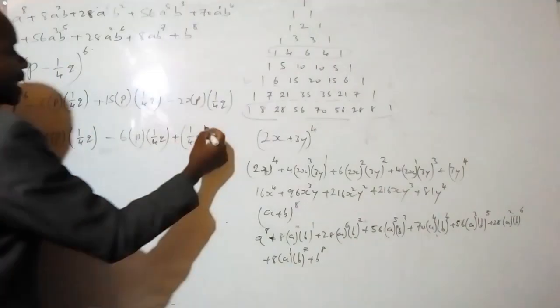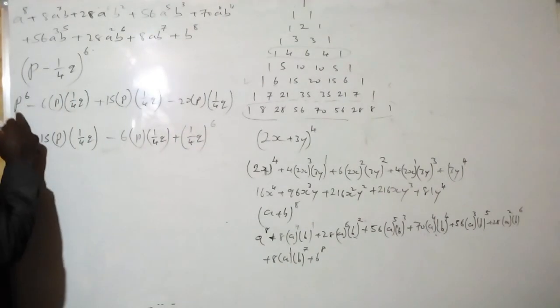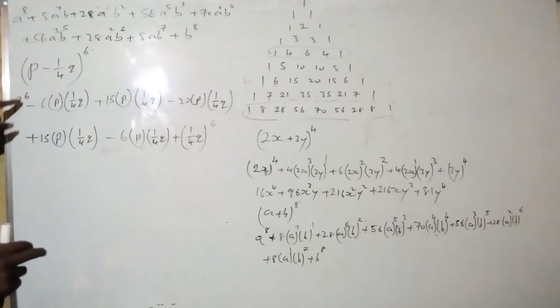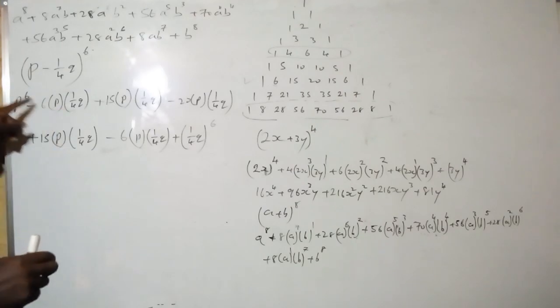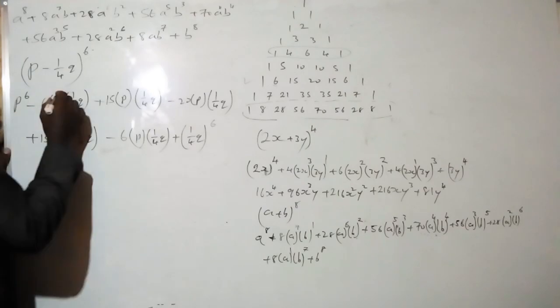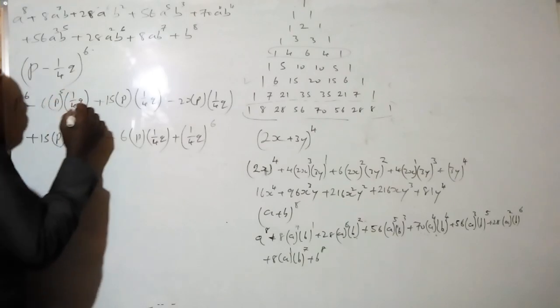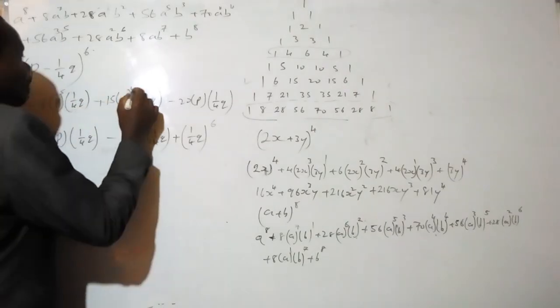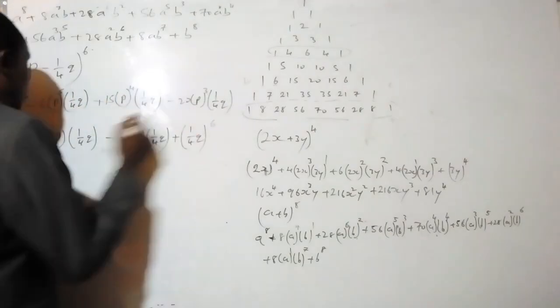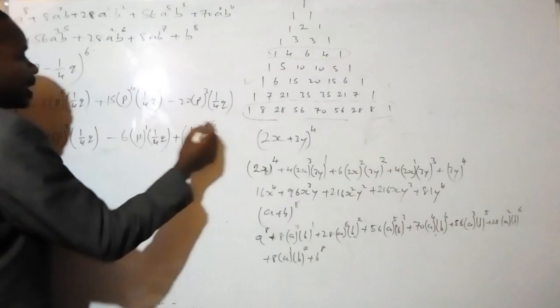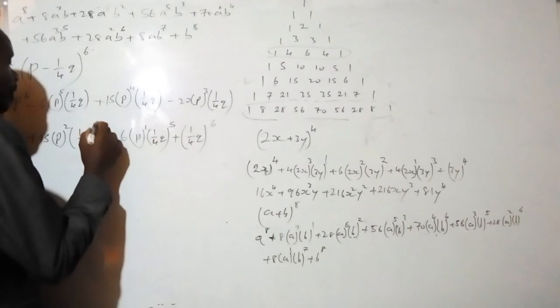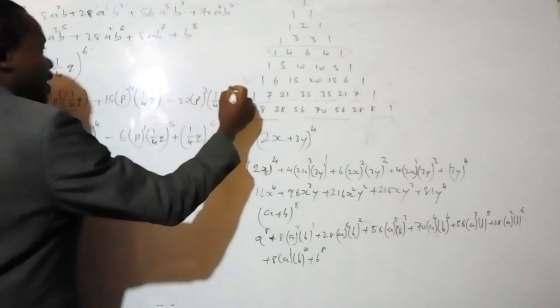Then where we have P, starting from this P raised power 6, you are going to reduce from 6, 5, 4, 3, 2, 1, 6, 5, 4, 3, 2, and 1.